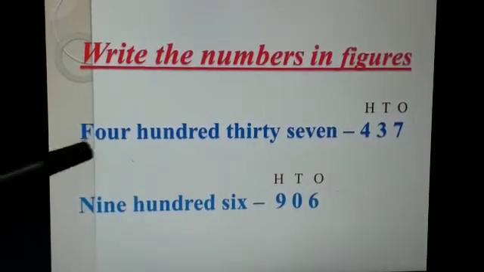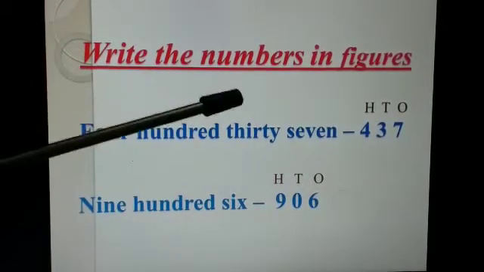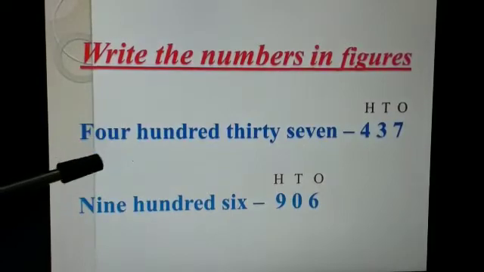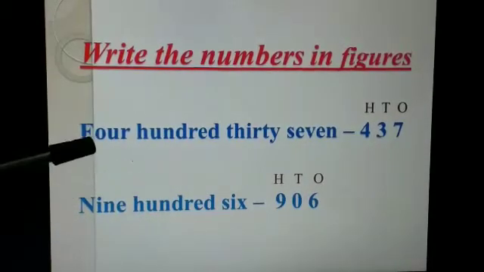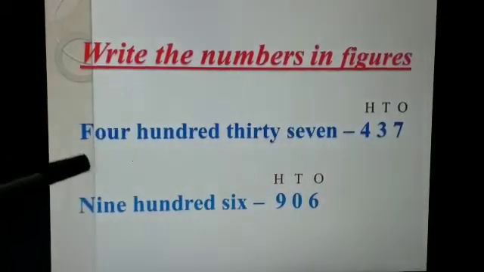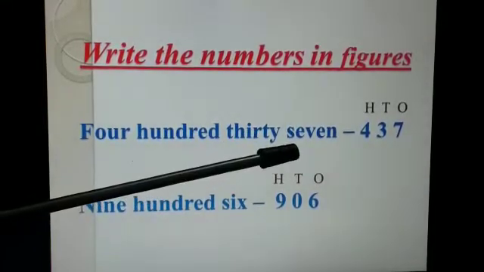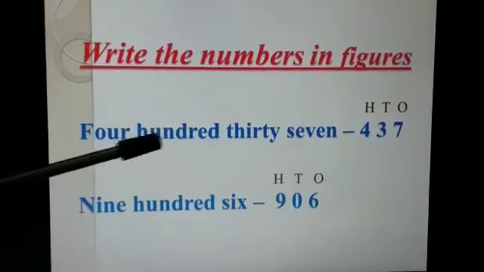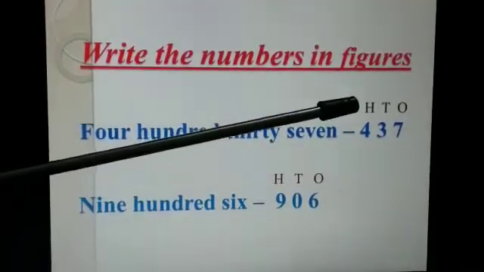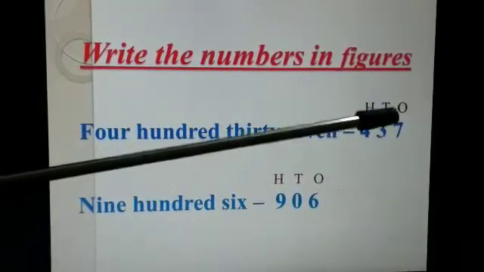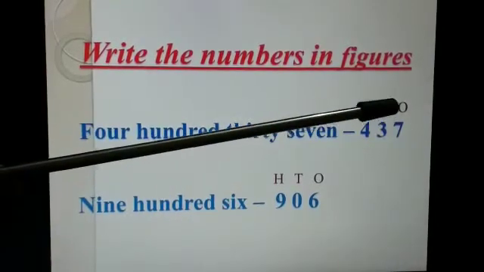Now, next is write the number in figures. So, here number names are given and we have to write this in figures. So, the number name is four hundred thirty-seven. In this number, 4 at the hundreds place, 3 at the tens place and 7 at the ones place.